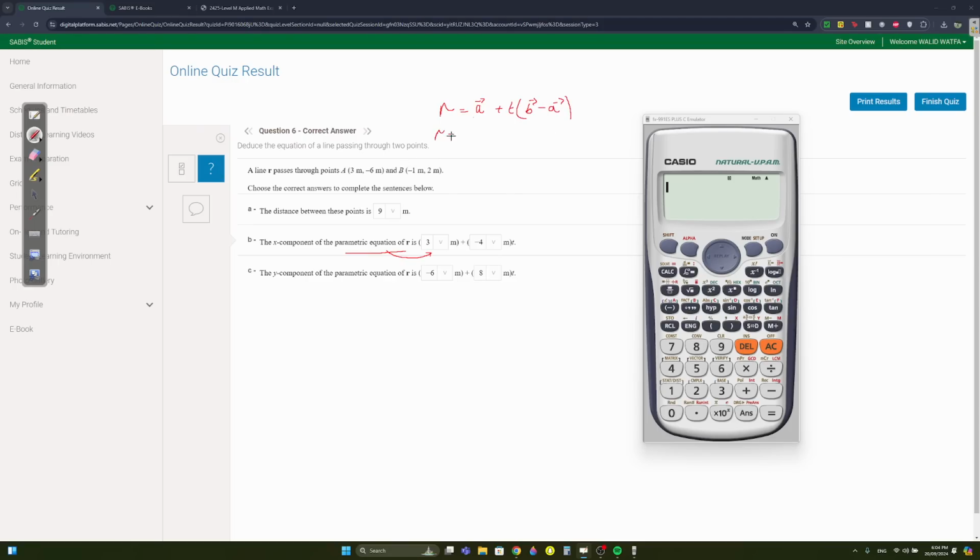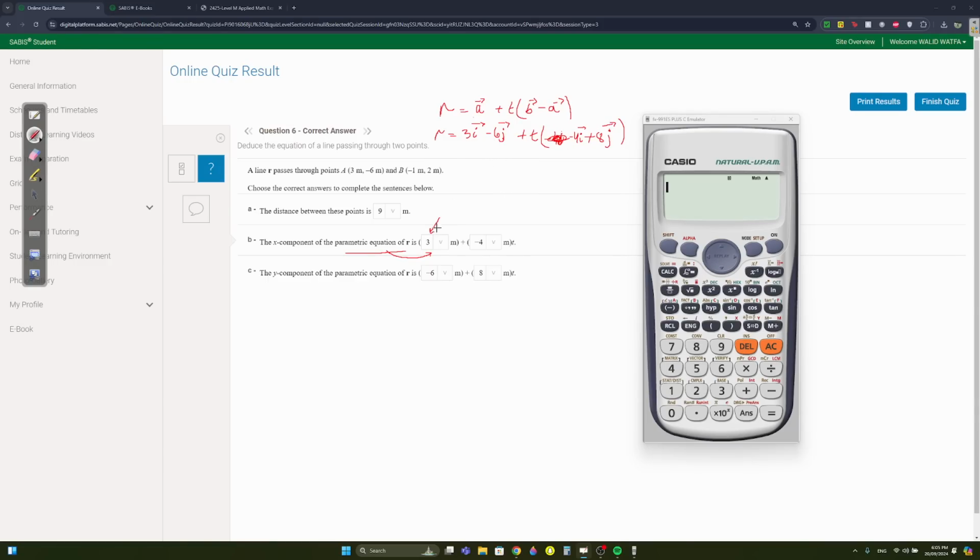So this is going to be equal to A, which is 3i minus 6j, plus t times B minus A. Minus 1 minus 3 is minus 4i, then 2 minus 6 is 8j. Okay, so this is how it's going to look.